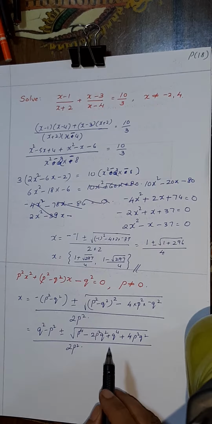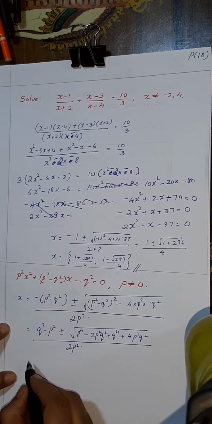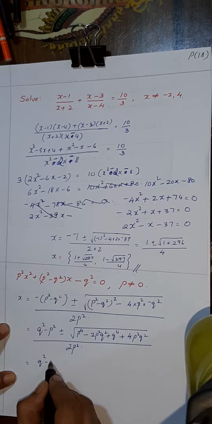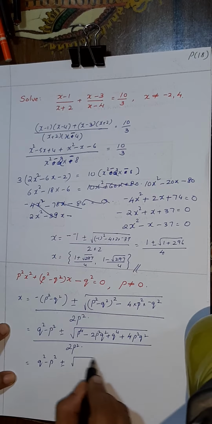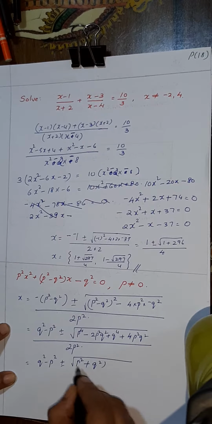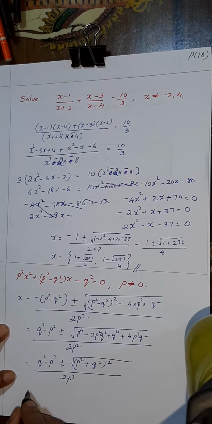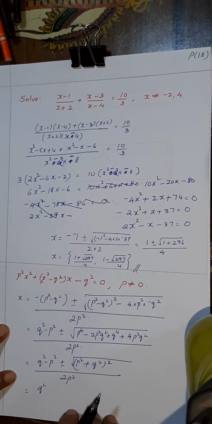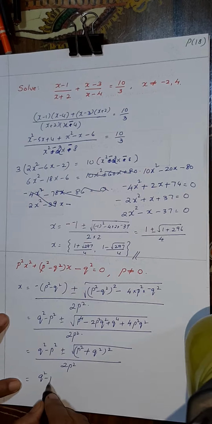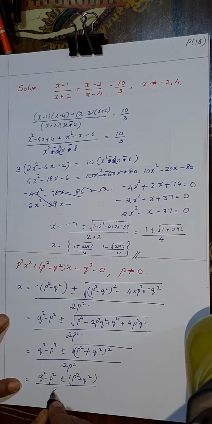Then this is of the format a squared plus 2ab plus b squared, which can be written as q squared minus p squared plus or minus root of p squared plus q squared the whole squared, by 2p squared. So this is equal to q squared minus p squared plus or minus p squared plus q squared, by 2p squared.